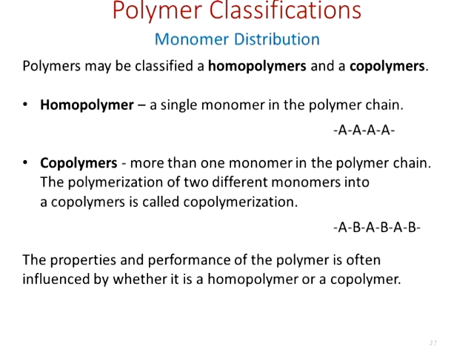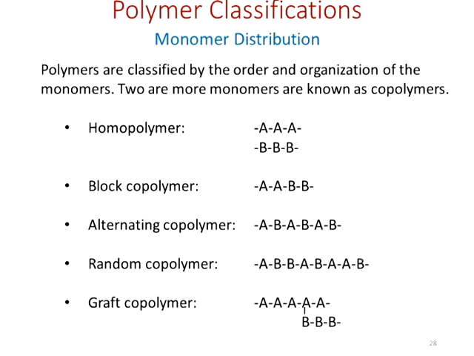These polymers may be further classified based upon their monomer distribution. You can have homopolymers, which means that only one type of monomer is there, or you can have copolymers, which means that more than one type of monomer is present. Because of this, certain properties are imparted. Homopolymers can be all A's or all B's.